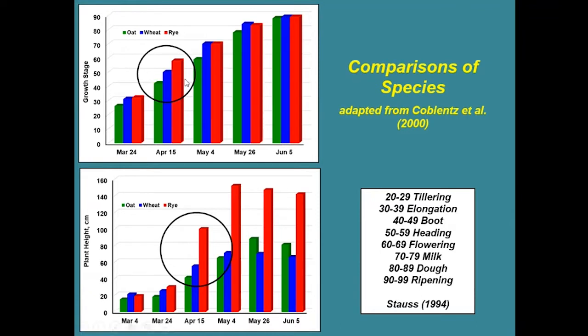So that's quite a large range in terms of actual physiological development. If you look at plant height, you'll notice that at that same date, there's a huge difference in the height of these plants. And one of the characteristics of many rye cultivars is they tend to be much taller growing than the other cereal species.